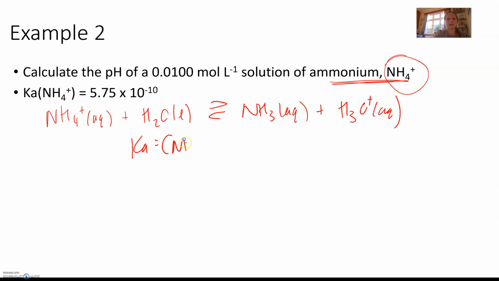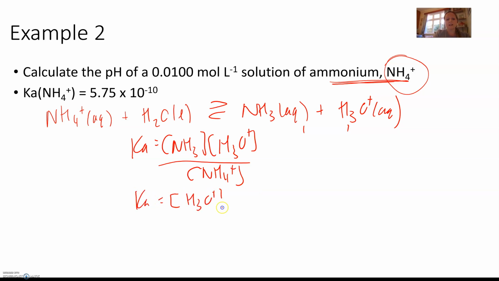So Ka equals NH3 times H3O+ divided by NH4+. We can see from our equation these are produced in a 1-to-1 ratio, so to minimize our unknowns we're going to make Ka equal H3O+ squared divided by NH4+.